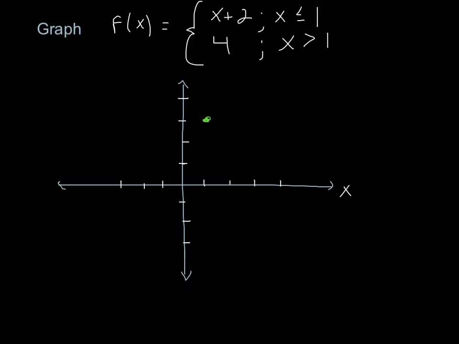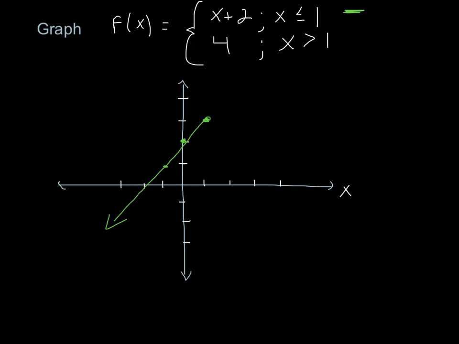So here's my point at 1, 3. And I'm taking all the x's that are less than or equal to 1, which means I'm going to jump back to 0. And then I'd have 0, 2. If I put in negative 1, I'd have negative 1, 1. So for the first piece of the function, we have this line coming back this direction. That represents this first piece of the function.